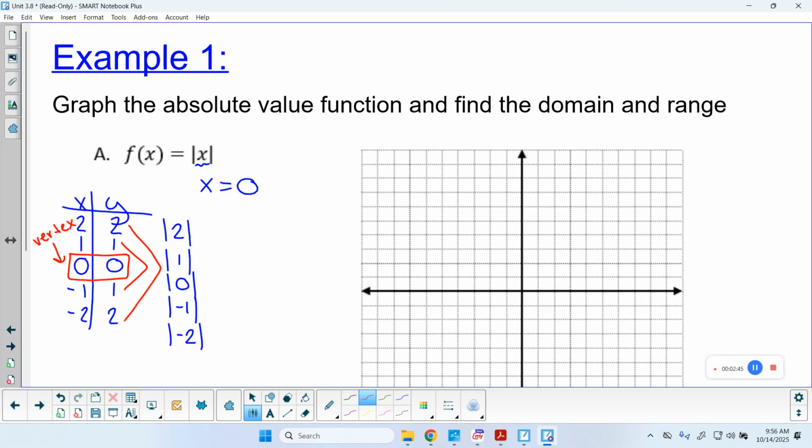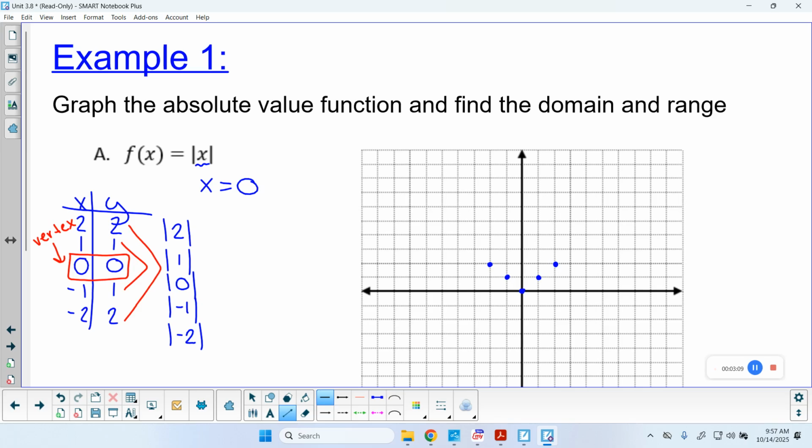Everything will become symmetric based off of where that vertex is. So what we are going to do is plot those 5 points. So we have a point at (2, 2), (1, 1), (0, 0), (-1, 1), and (-2, 2). When you plot your points, they should make a V. If it makes a V, then odds are you did it correct.